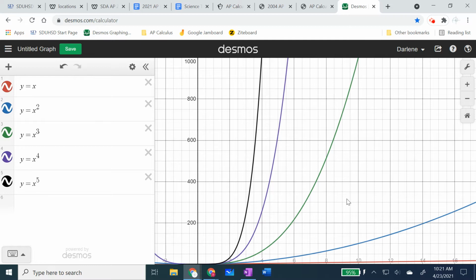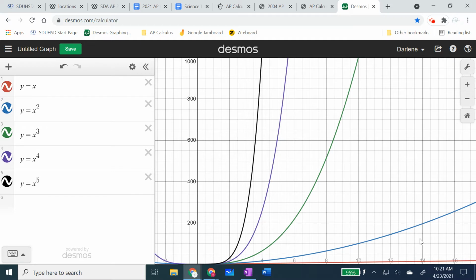Because I changed only the y maximum, over here I have x equals 16, and the y is 16 at 16. But the problem is I've got 200 right here, so 16 is way down here.